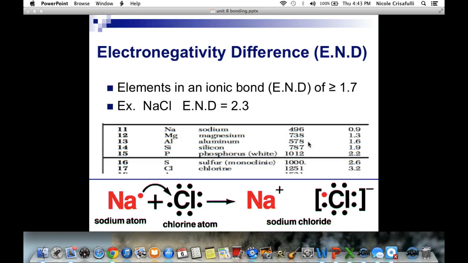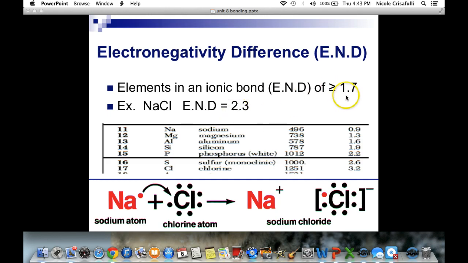So what does this look like when we're talking about electronegativity difference? Now, electronegativity difference from here on out, we are going to abbreviate as E.N.D. So elements in an ionic bond have an electronegativity difference of greater than 1.7. So if we were to look at sodium chloride, for example, sodium has an electronegativity of 0.9, chlorine has an electronegativity of 3.2, so their electronegativity difference is 2.3.